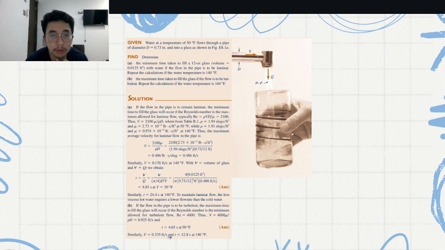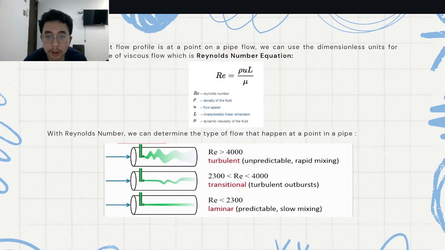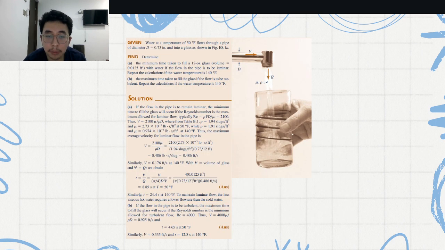We can assume Reynolds equals 4,000, which for turbulent flow is the minimum. If we want to define the maximum, it's going to be infinity, so we just assume 4,000. That's the point where the Reynolds number is at minimum.